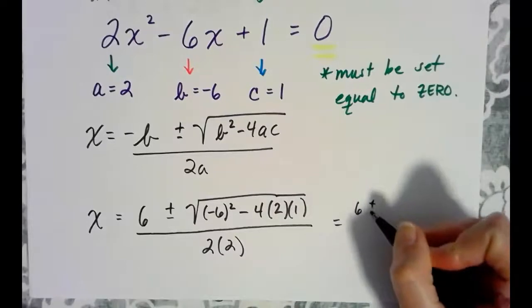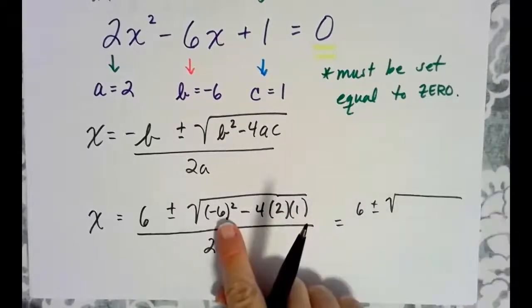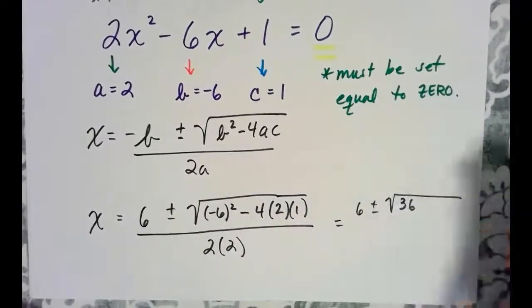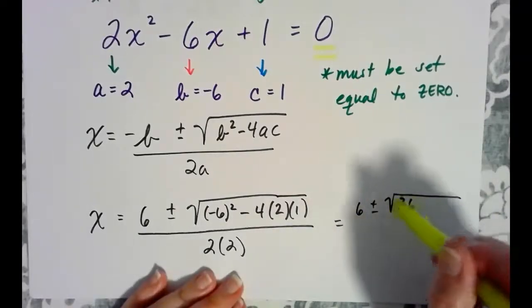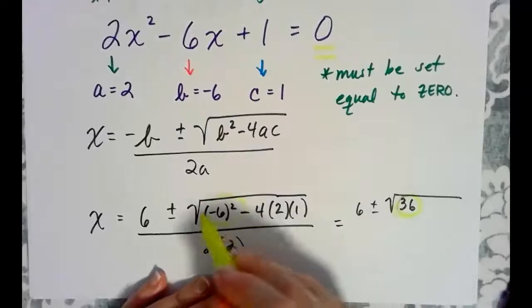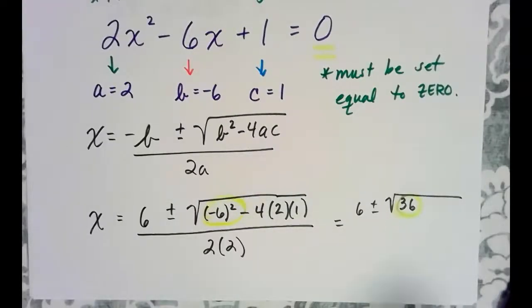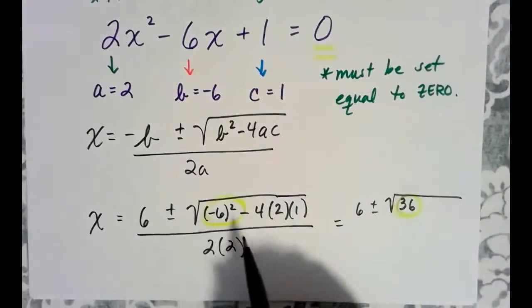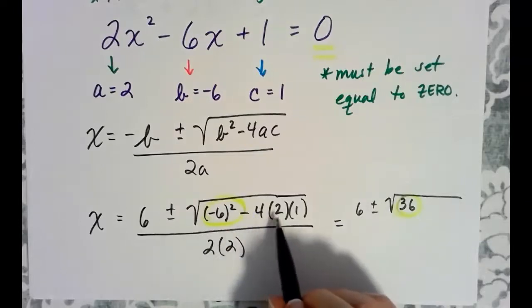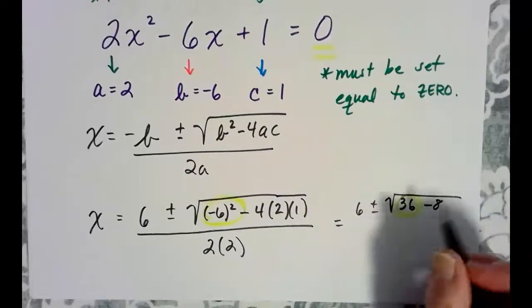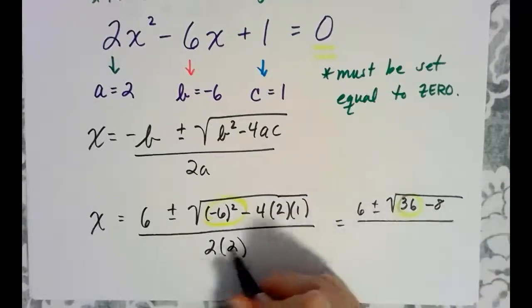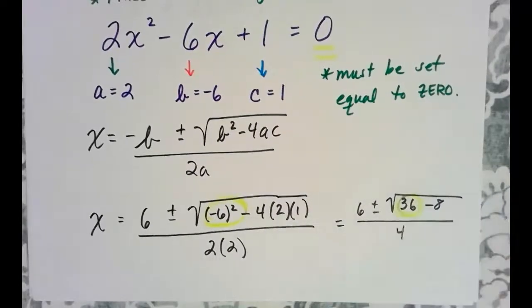So 6 plus or minus -6 squared is 36, and keep in mind that this number will always be positive because it is a perfect square. So 36 minus 4 times 2 times 1, 4 times 2 times 1 is 8. So 36 minus 8, all over 2 times 2, which is 4.